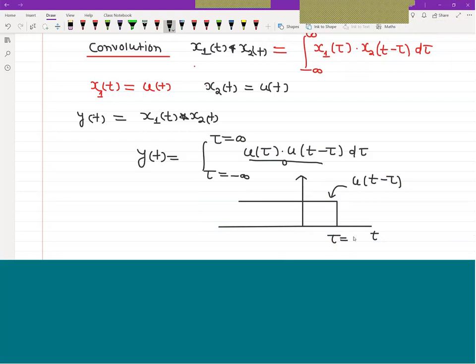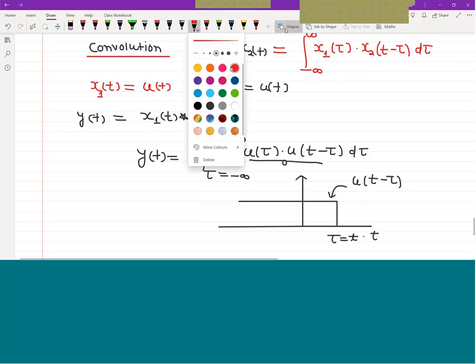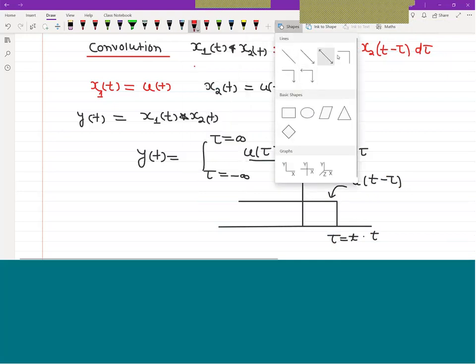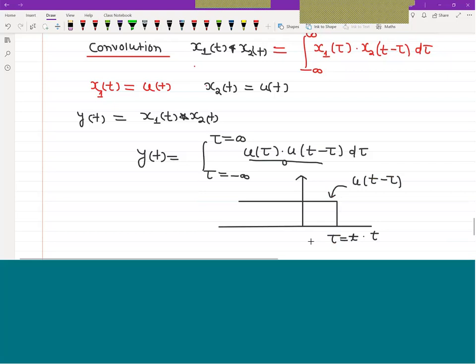Tau is equivalent to t. And the second function is u(tau). So let me draw the second function. तो इन दोनों का प्रोडक्ट केवल इस रीजन में कितना आएगा? 1. बाकी सब जगह कितना हो जाएगा? 0. So this point can be written as tau equal to 0.